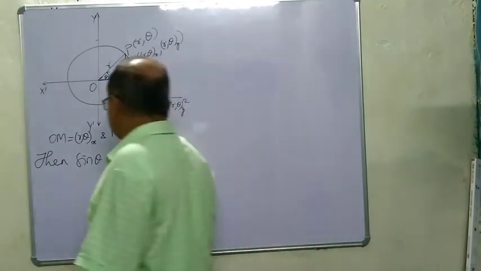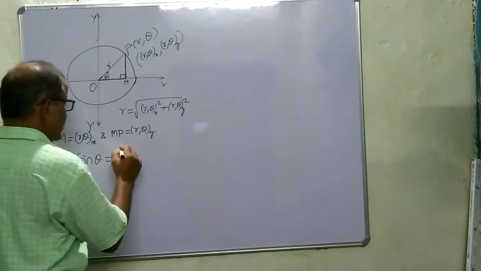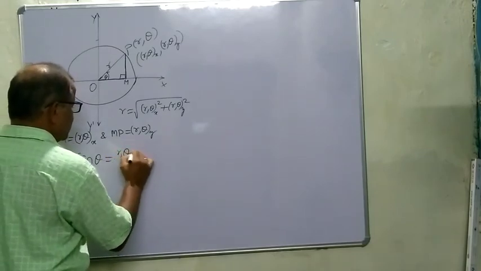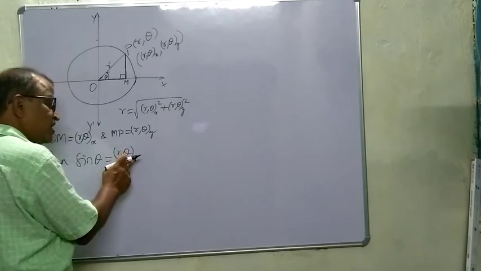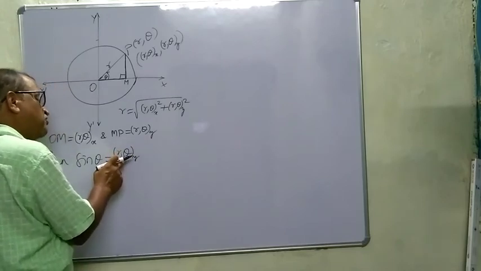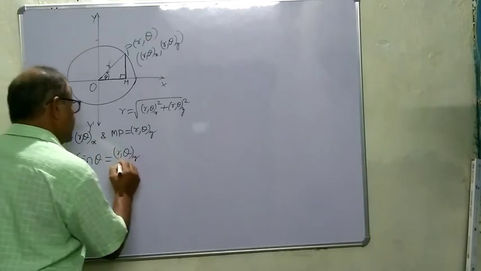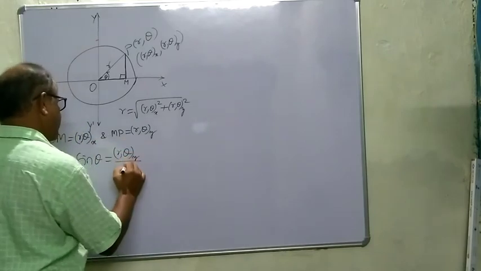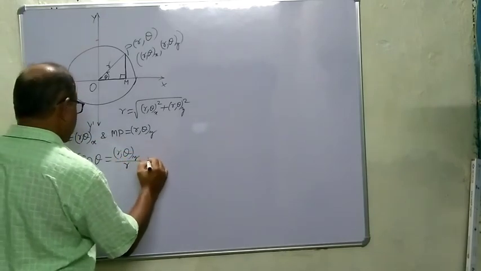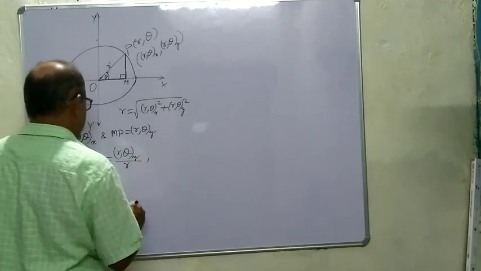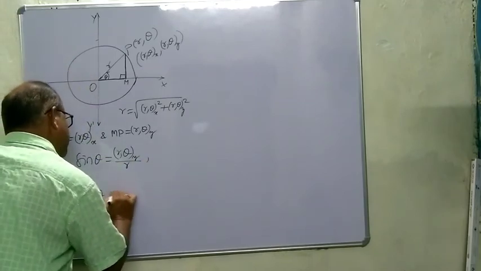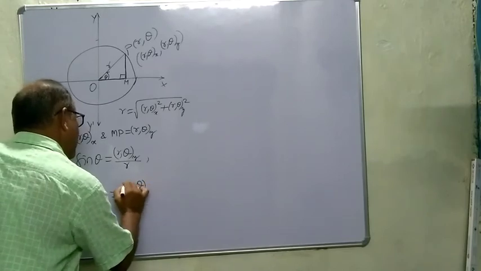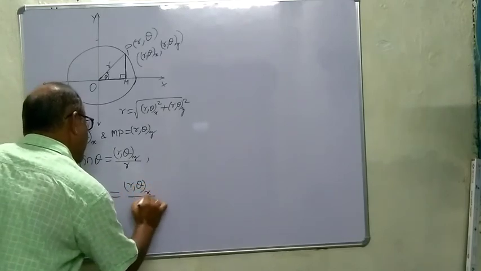Now sine theta is defined like this: the y coordinate of the point whose polar coordinates are r theta, divided by r. And cos theta is r theta x by r.